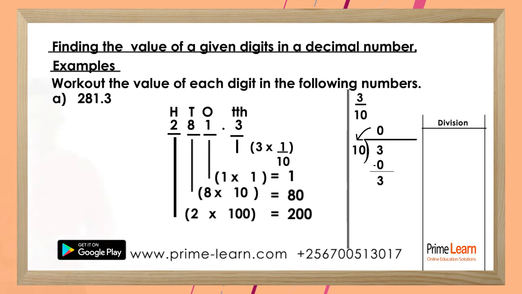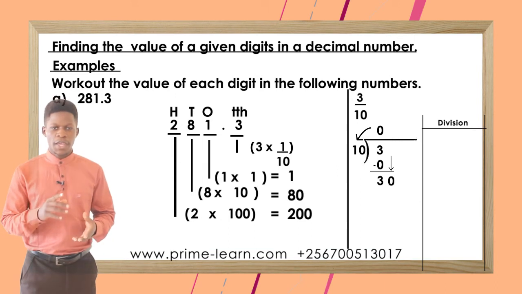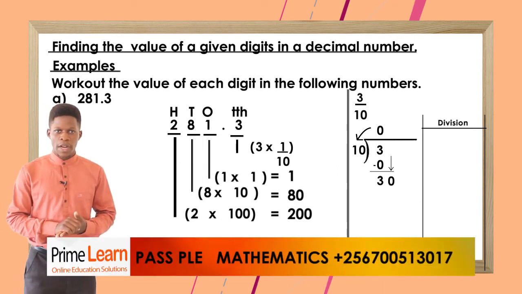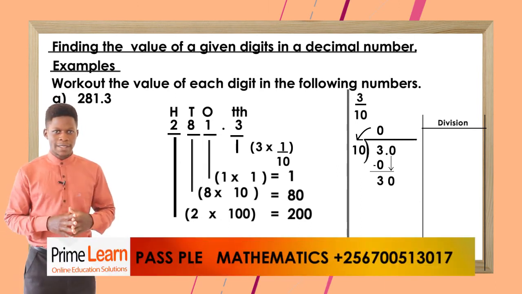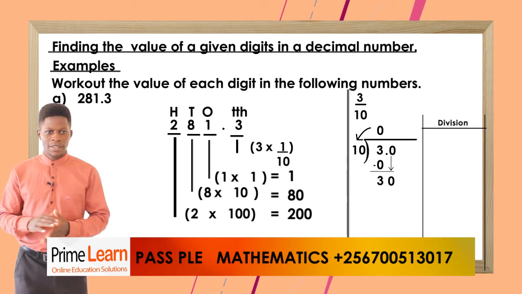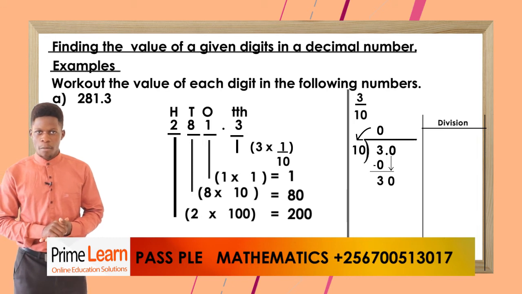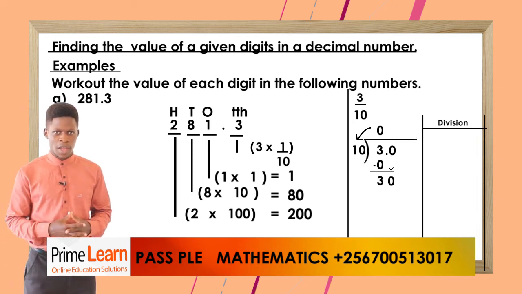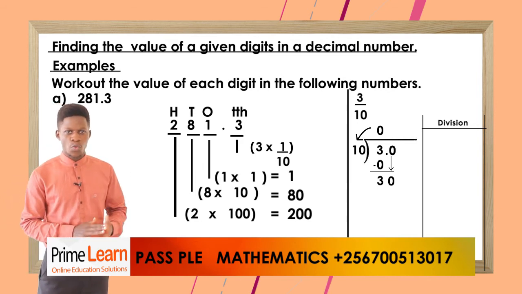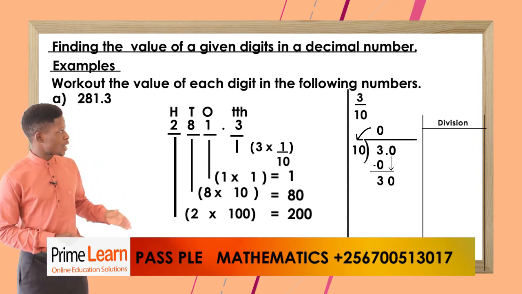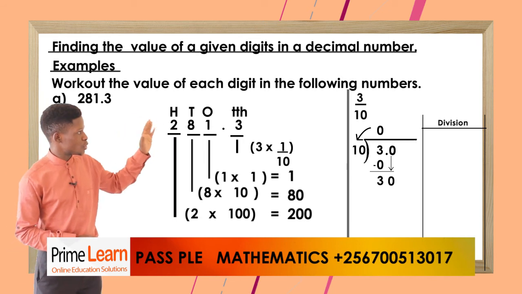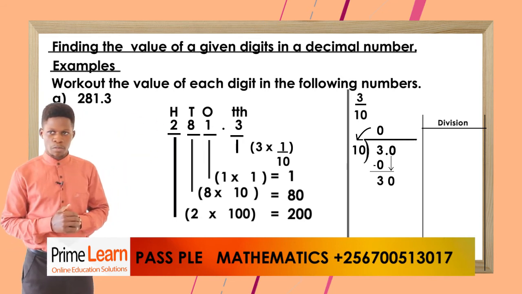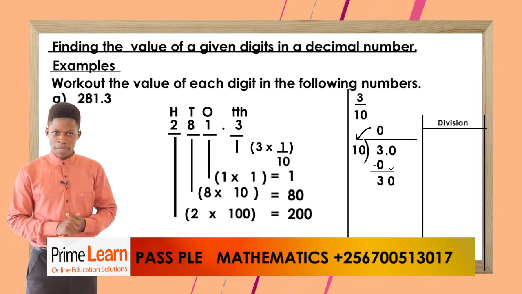But in this case, we are going to regroup a 0 from here. Remember, a whole number is always having a silent decimal point, and it has silent zeros after that decimal point. Now, my dear who is watching this lesson, we are going to regroup just 1 0 from the zeros which are just after that decimal point of a whole number.